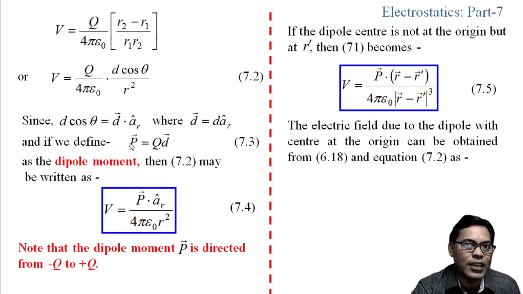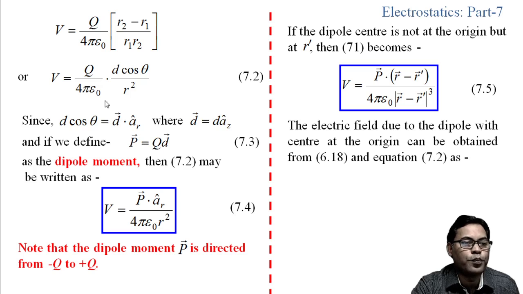P here is the vector which is called the dipole moment for this dipole, that will be equal to q into d. So as we have defined the dipole moment p equals qd, expression 7.2 can be replaced by expression 7.4. Here p equals qd, so q into d cos theta can be written as q into vector d dot ar.